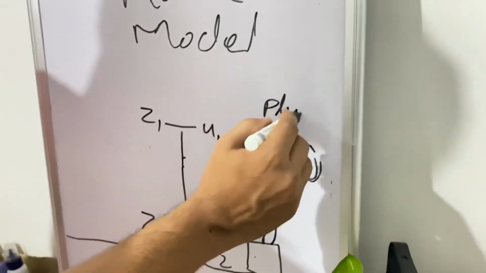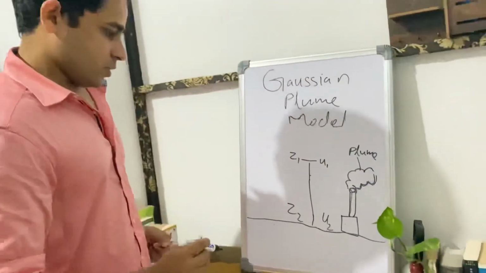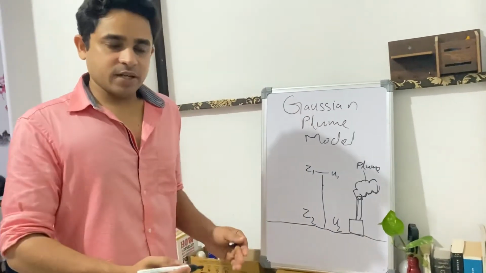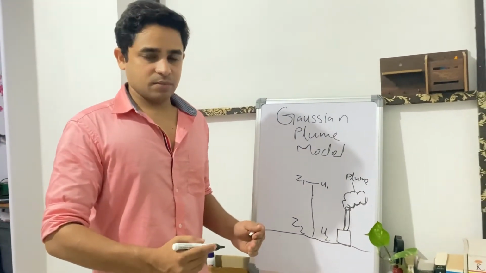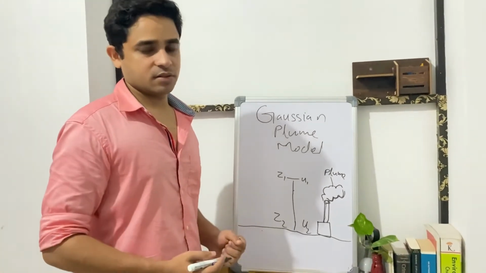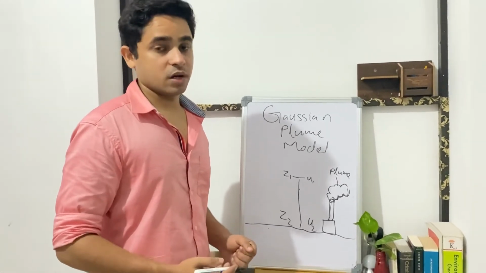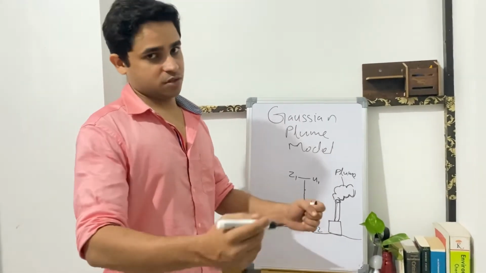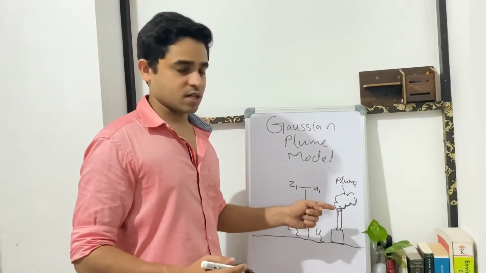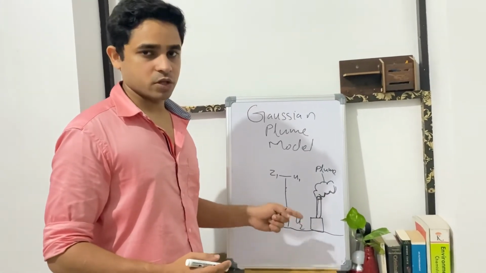The smoke coming out of the factory is called plume. Okay. So in the Gaussian plume model, we will determine how we can predict the direction, speed, and most importantly, the dispersion of the smoke plume that is coming out of a factory's chimney or a stack.